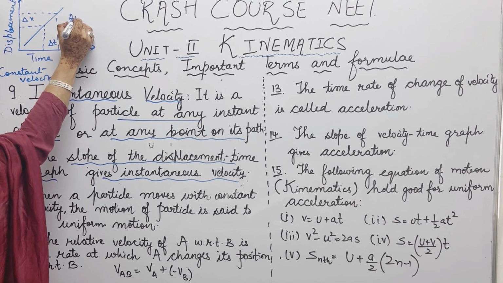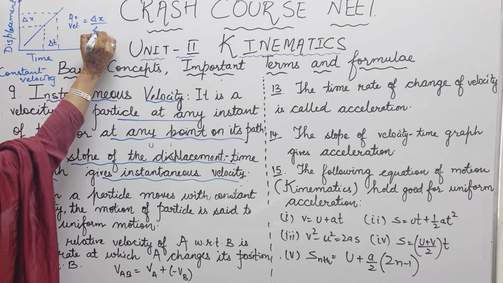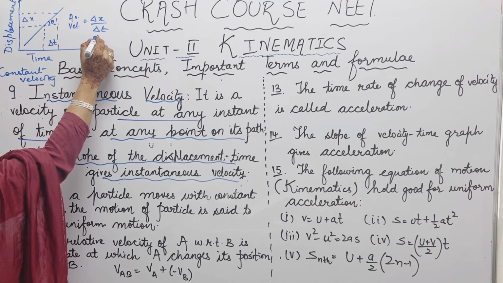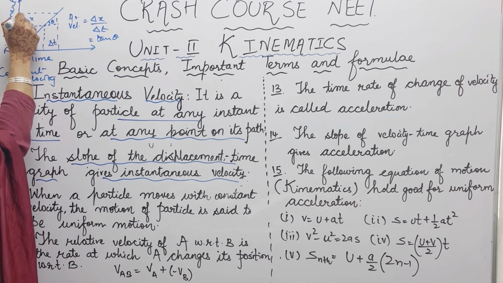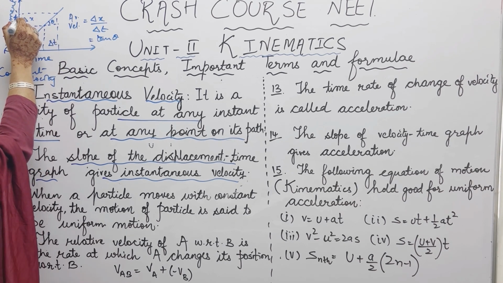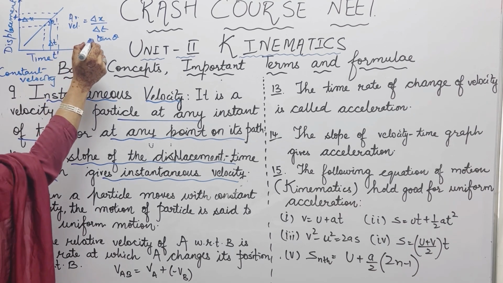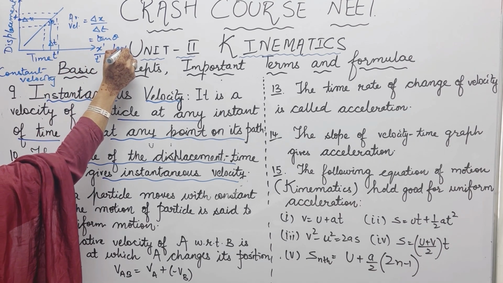Then the average velocity is delta x by delta t, and this is also equal to tan theta, that is the slope of the curve. In case you want to take any particular point, say at this position, let it be x dash, and for this x dash the time is say t dash, then x dash over t dash is again tan theta.